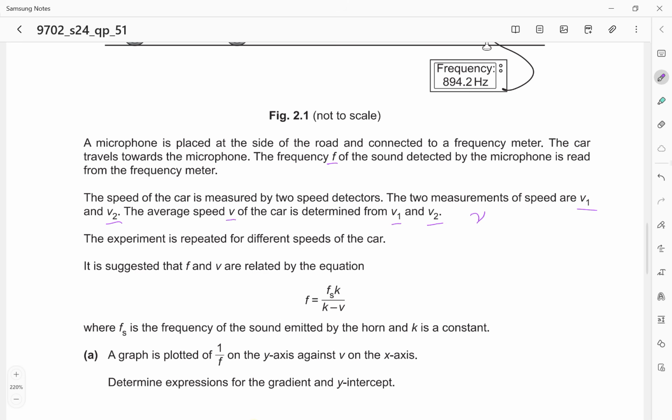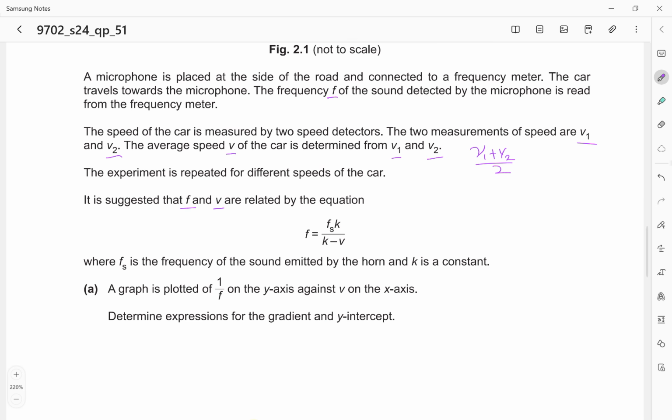So remember, average speed is V1 plus V2 divided by 2. The experiment is repeated for different speeds of the car. It is suggested that F and V are related by this equation. Fs is the frequency of the sound emitted by the horn, and K is the constant. A graph of 1 over F on the y-axis against V on the x-axis is plotted. So I must make 1 over F the subject, because 1 over F is on the y-axis.